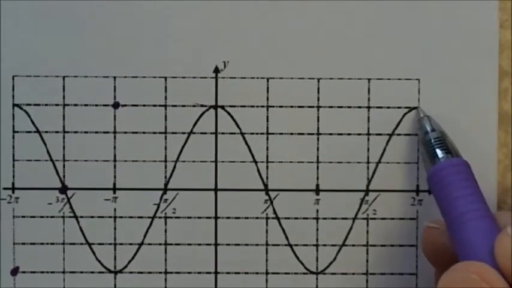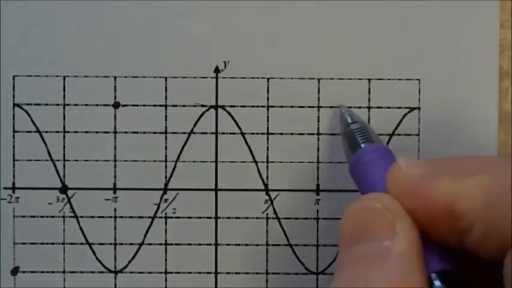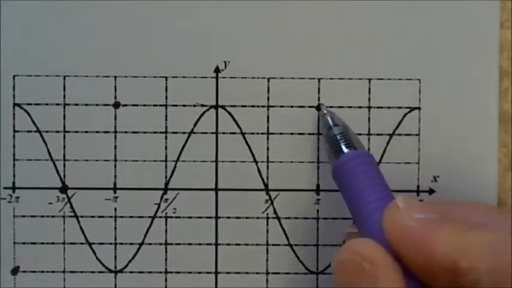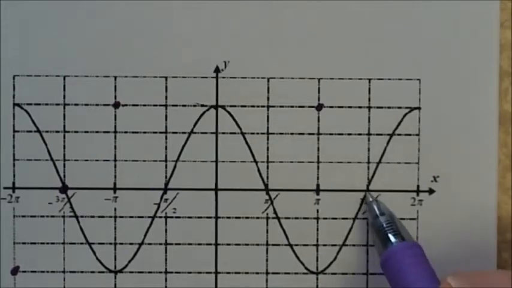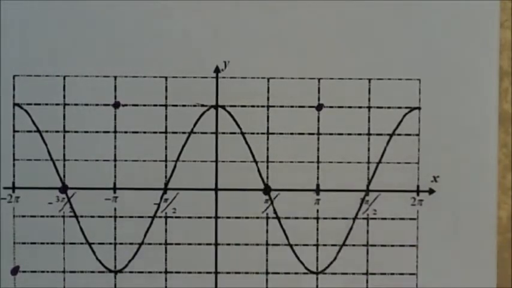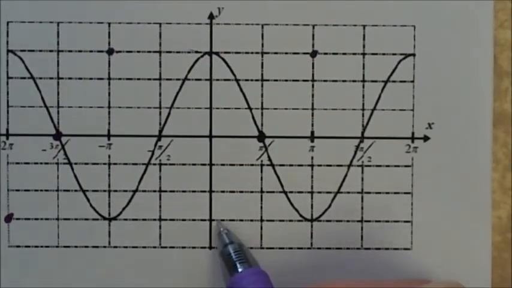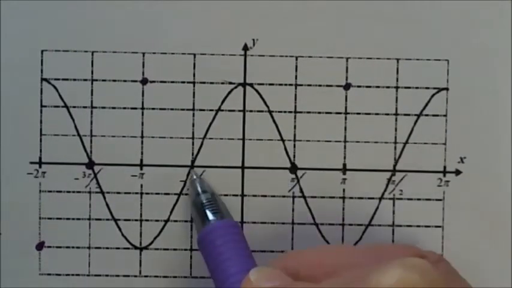And I'll go all the way to the right here. At this point, 2 pi, 3, shift it pi units, 2 boxes to the left. Take the point here, 2 boxes to the left. The minimum point down here, shift to the left. And I think the next point is this one, shift to the left.